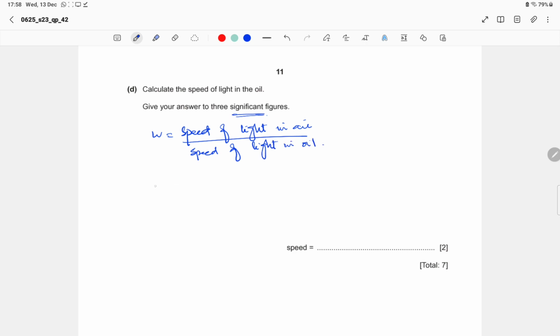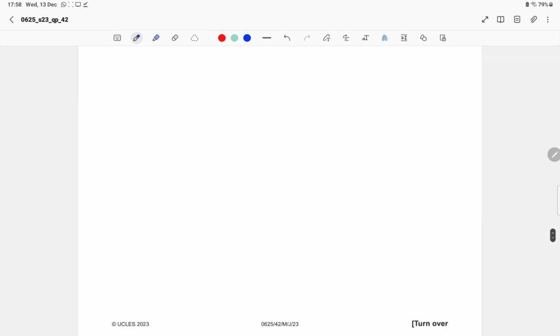So we cross multiply. Speed in oil is equal to speed of light divided by n, which is 3 into 10 to the power 8 divided by 1.47. So it's going to be 2.04 into 10 to the power 8 meters per second. So this is your final answer.